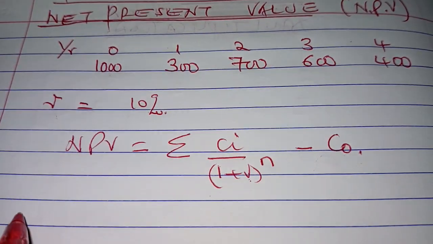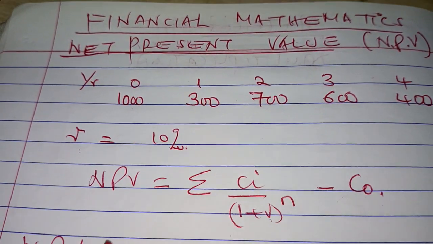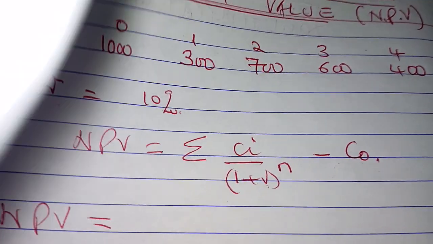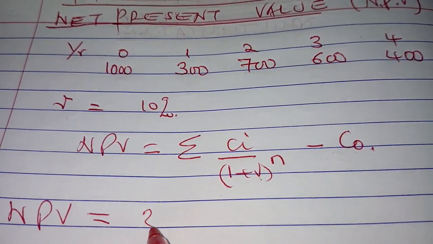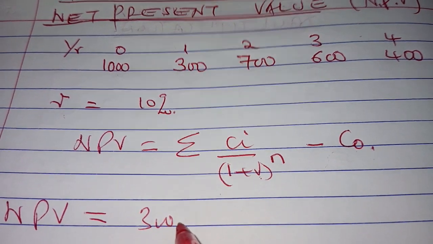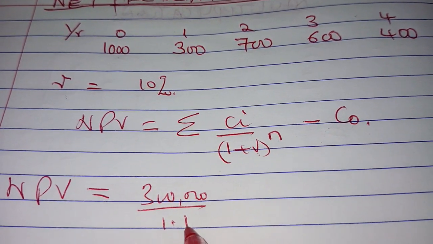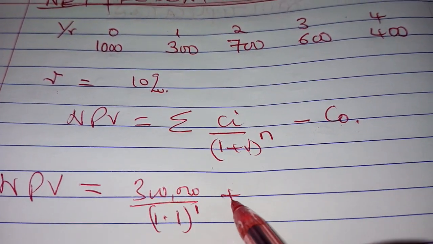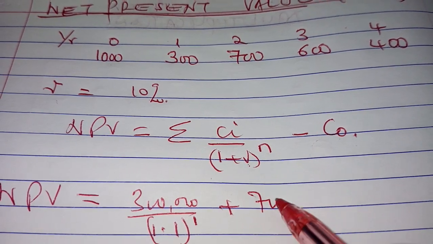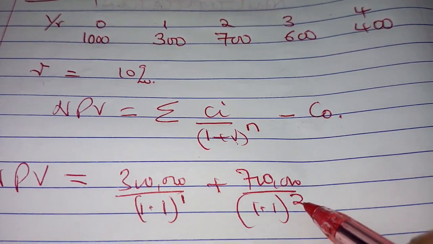Therefore, in calculation, we say NPV is given as, let's start with the first one, the summation. We start with the 300,000 divided by 1 plus r, which is 10%. 10% becomes 0.1, so we are raising 1.1 to power 1. And then we add the 700,000 divided by 1.1 raised to power 2 for the second year.